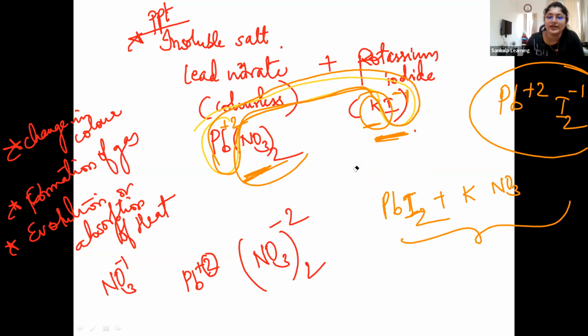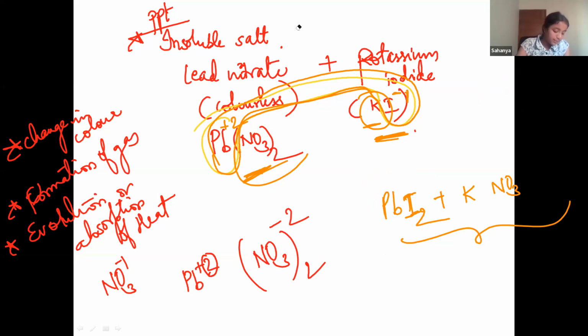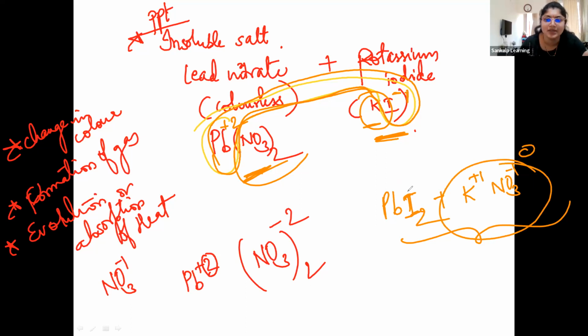So the reaction we get is PbI2 plus 2 KNO3. In KNO3, potassium is +1, NO3 is -1, so it is 0, fine, the molecule is formed.